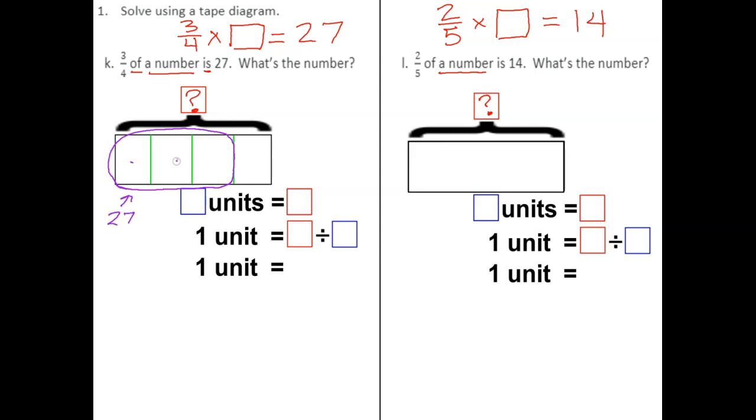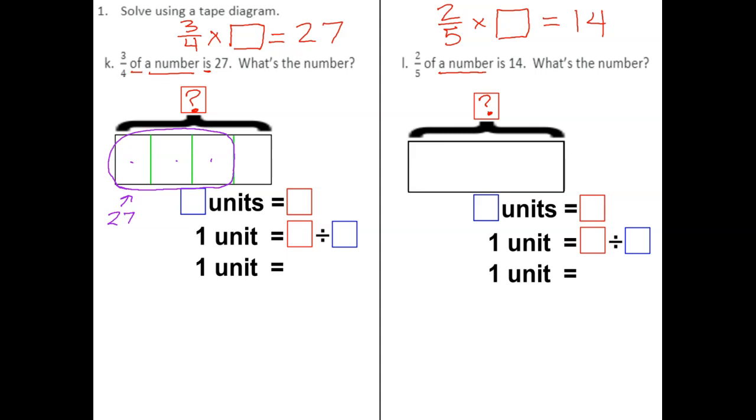So this plus this plus this equals 27. So then I say, well, what do I need to do to find out what the whole is equal to? So right here, if I know that 3 parts, my 3 units, now I know that we have 4 total units, but for this problem, we know what these 3 equal already.